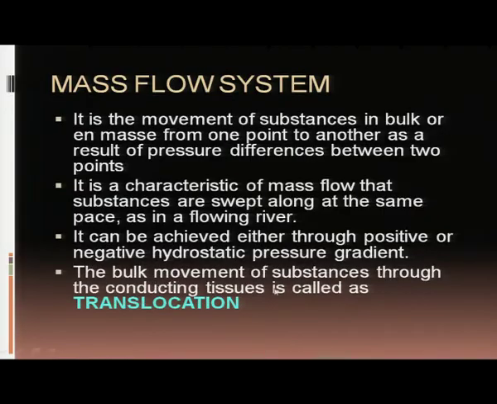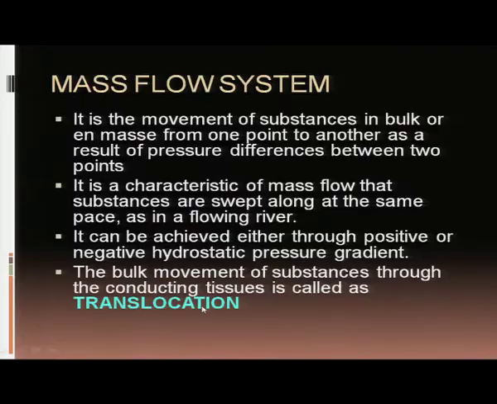The bulk movement of substances through the conducting tissues is thus known as translocation. So, what is translocation? It is the transport of substances over long distances and through conducting tissues.